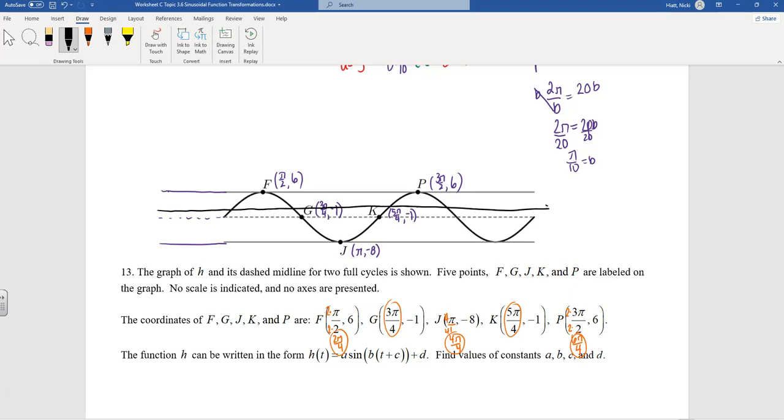Maybe not exactly there. But notice that my y-coordinate is -1 right here. So this right here is 2 pi over 4.